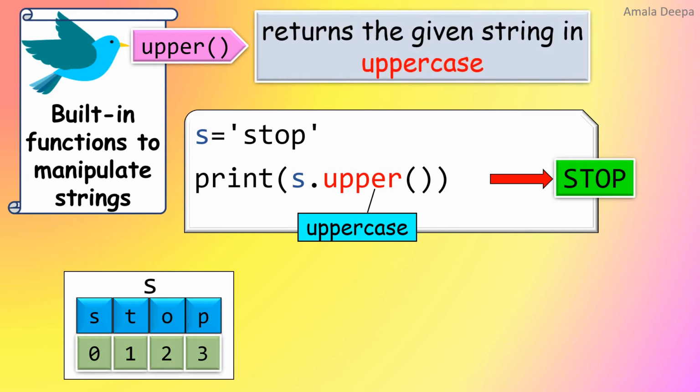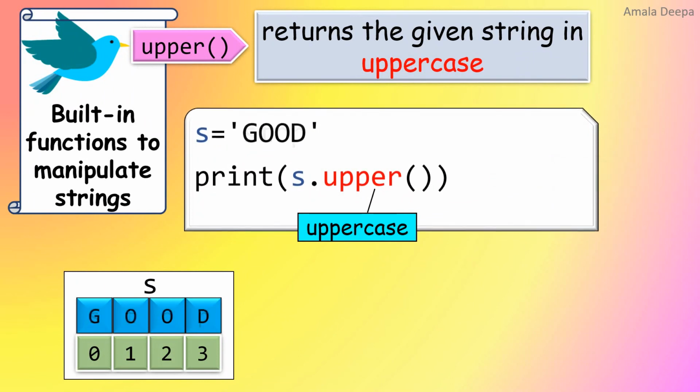So the upper function returns the given string in uppercase. Here S contains GOOD. GOOD is already in uppercase. So you will get the output as it is. S dot upper gives GOOD with all the characters in uppercase.